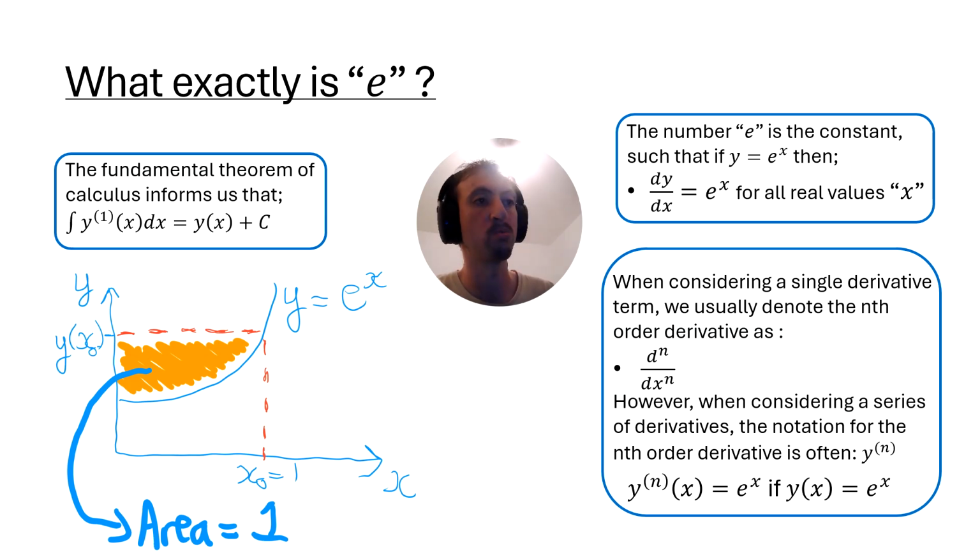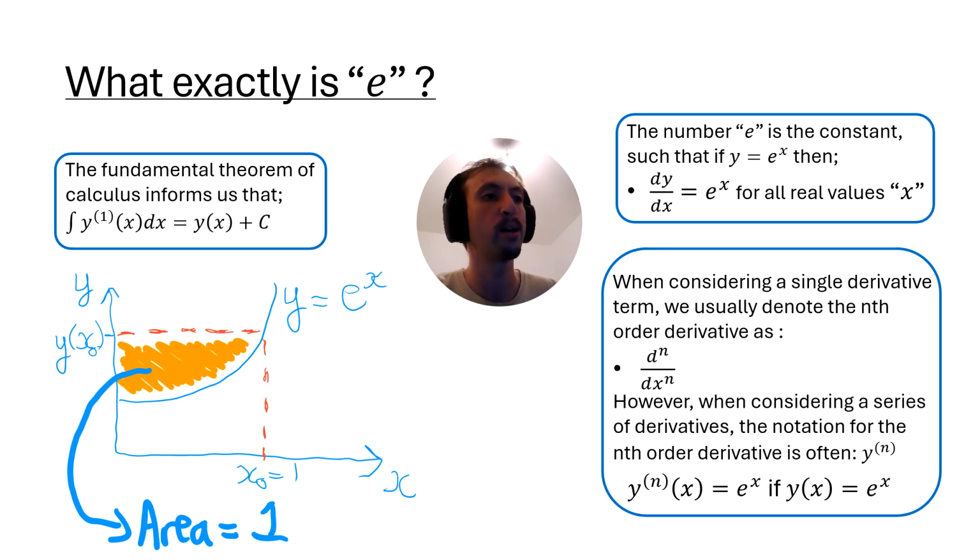To evaluate the integral of y equals e to the x, and when you do that, you can show that the area of this shaded orange region, I don't know why I said purple, the shaded orange region has an area of 1. And I leave that as a fun exercise to the viewer. So that's another geometrical way to think about e to the x.